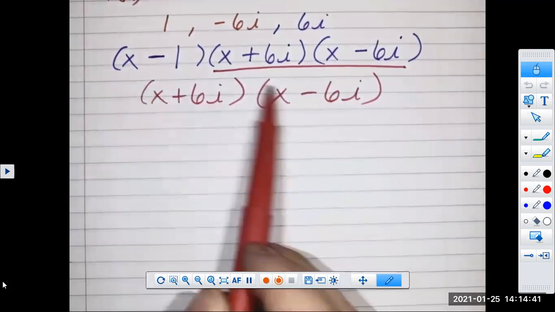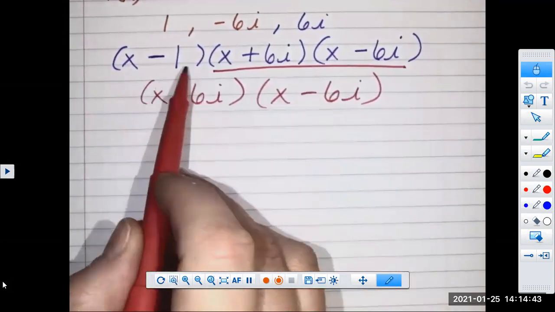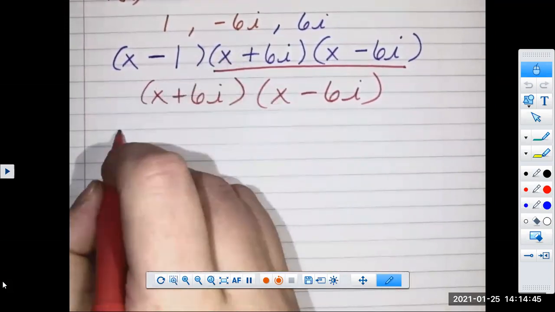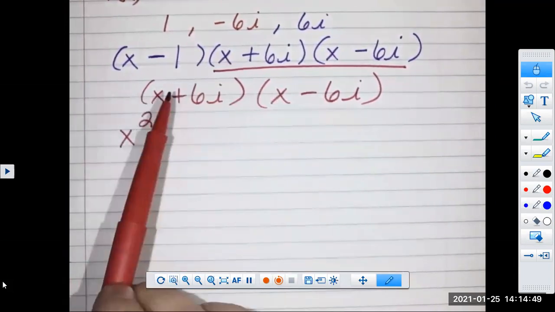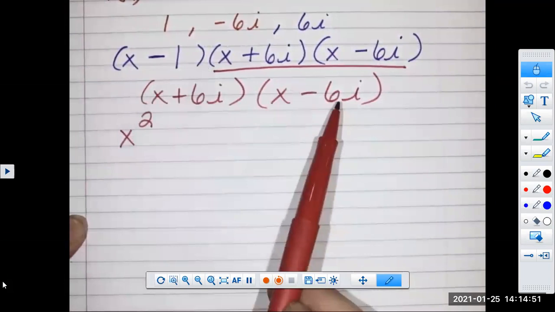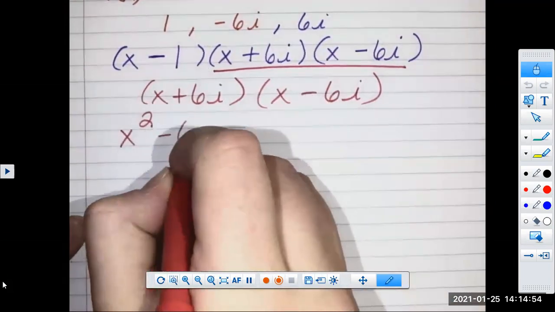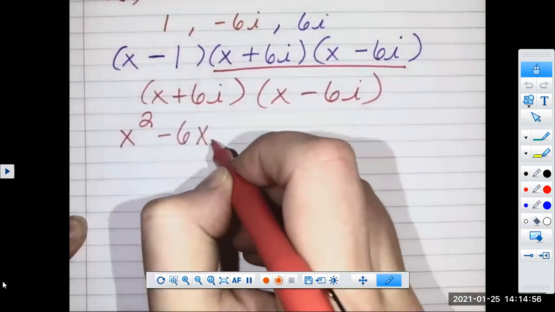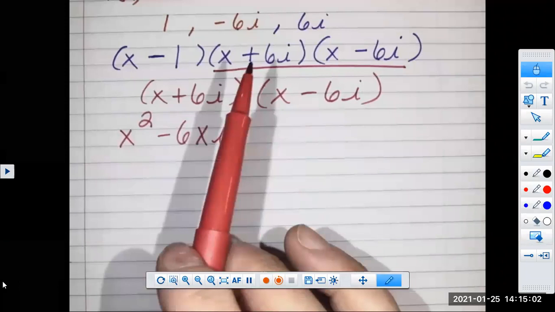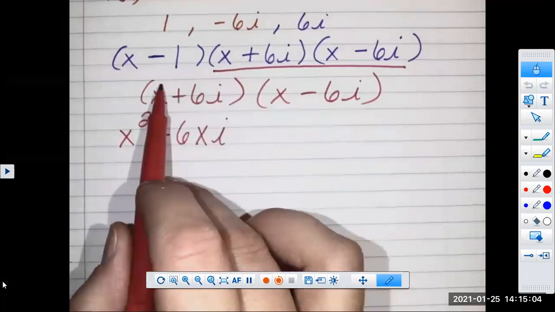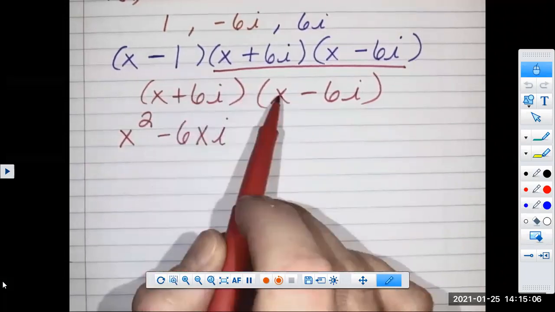When we do the FOIL method or distribute, x times x gives you x squared. Take x and multiply it to negative 6i, negative 6xi. Take positive 6i and multiply it to x, positive 6xi.